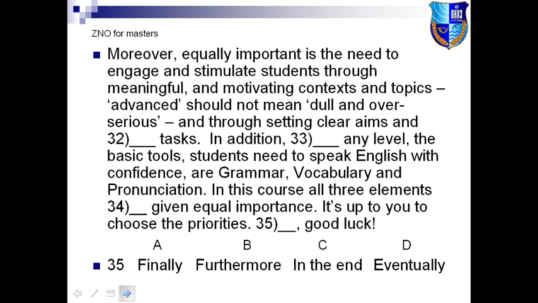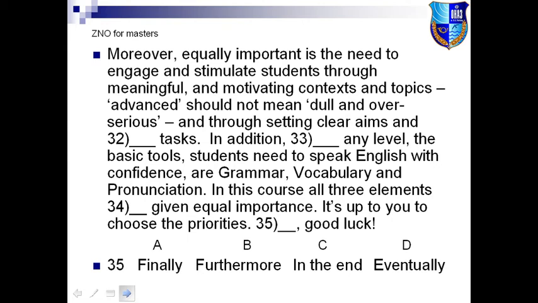So, finally, comma, good luck. It's absolutely correct. Furthermore is wrong here, because this is the last sentence. And I hope you have noticed that this piece of reading is in the form of a semi-formal letter, from your teacher to you, the students.